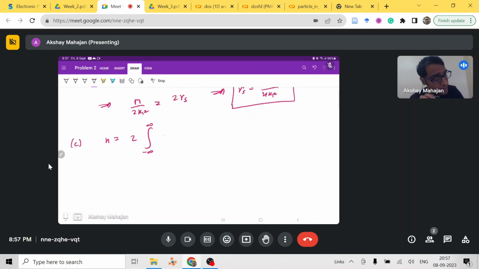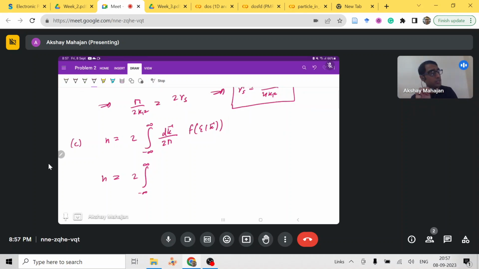We can have a dk vector, so it will be dk divided by 2 pi this time, instead of 8 pi cube or 4 pi square, times f of epsilon of k. Now we can write n equals 2 times the integral from minus infinity to infinity.